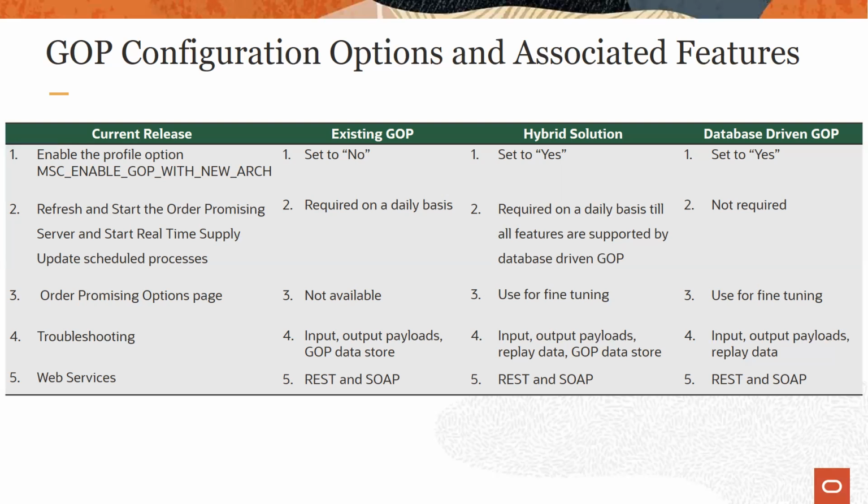The order promising options page would be available for fine-tuning the parameters of the database-centric architecture. And in order to troubleshoot the GOP behavior, the input-output payloads as well as the replay data can be provided in this flow. In all flows, both REST and SOAP public web services would be available for carrying out API-based calls.